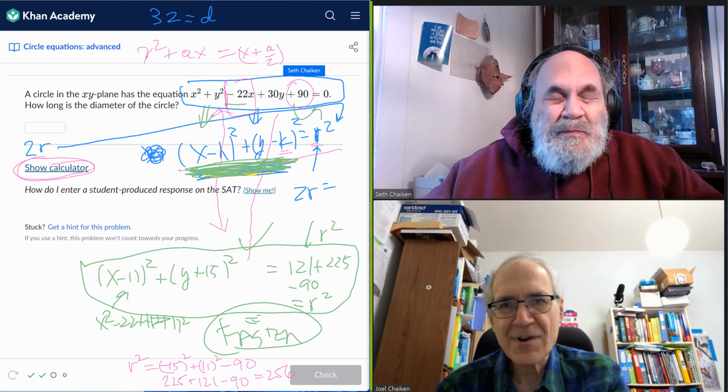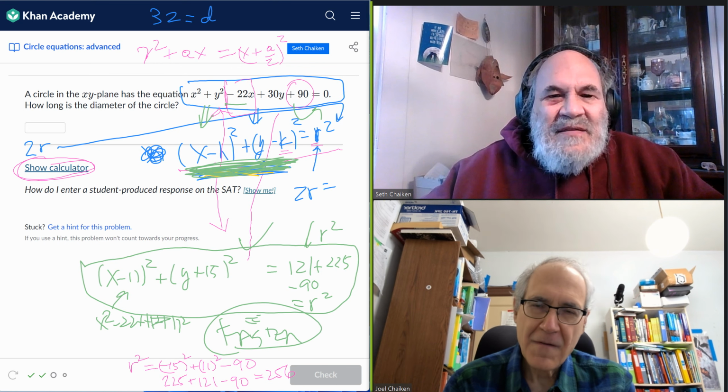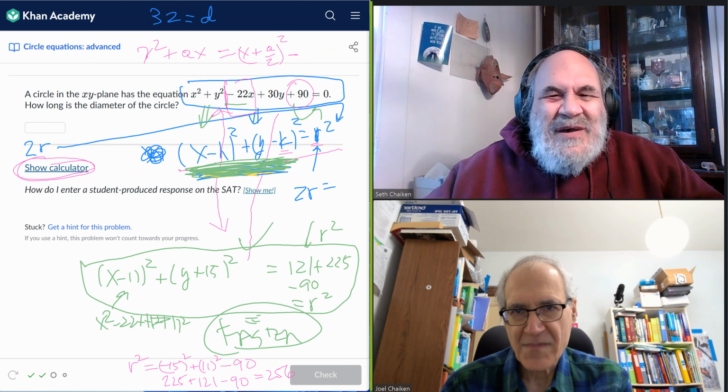Then you have to add a squared over 4 to the other side, so this is equal to that minus the extra thing you put in, which is a squared over 4.